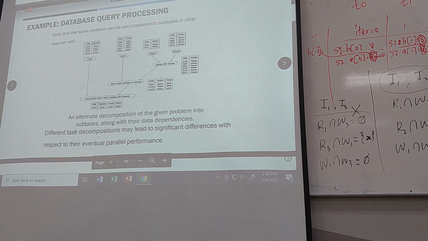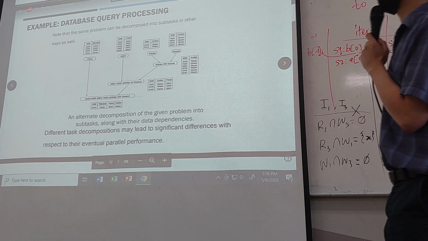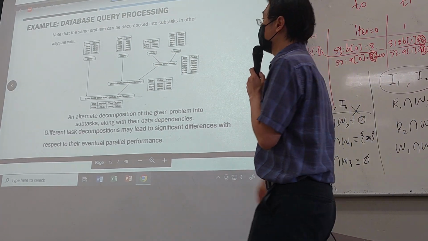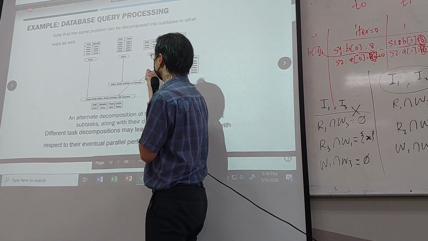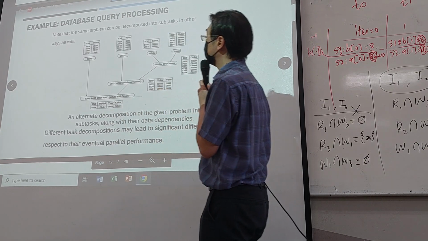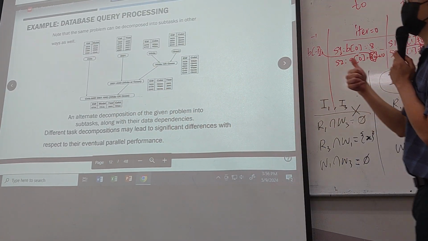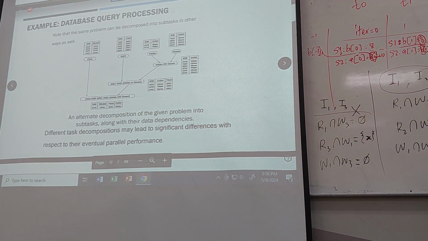How about the second one, this example? Suppose this is 10, 10, 10, 10, 10, 10, 10. The first question is, what is the shortest time in order to execute this problem?